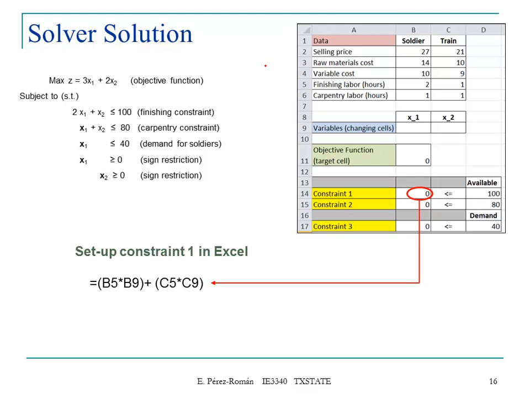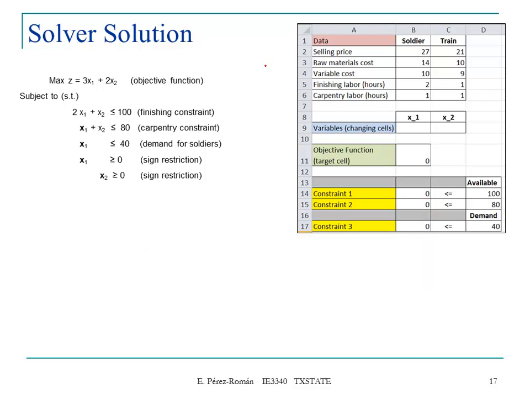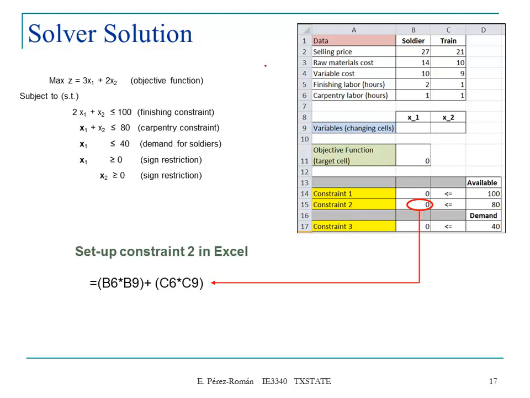And this is going to become clear when we actually work in the Excel spreadsheet. But I just want to give you an idea of what we're going to do. So we're coding the constraint. Again, we're using the values from the table and the values from the variables to code the left-hand side of the finishing constraint. We do the same thing for the carpentry constraint. In this case, you have x1 plus x2.